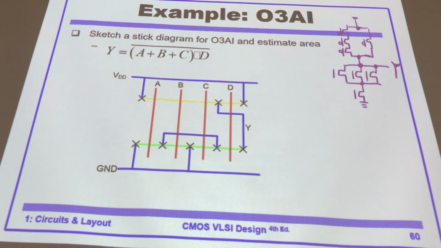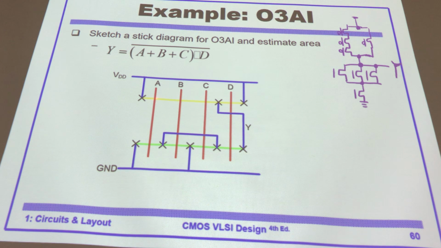PMOS transistors A, B, C here are in series, right? A PMOS transistor, B PMOS transistor, C PMOS transistor. This indicates they are connected in series because the yellow layer is the P diffusion, which is a conductor, except where the poly crosses the diffusion it forms the transistor. So these three are in series.